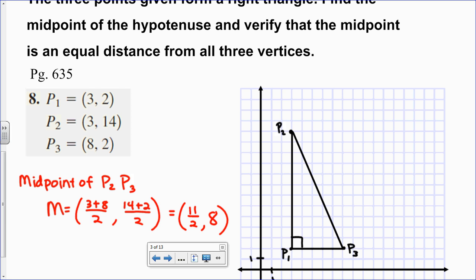So my midpoint is 11 halves, 8, or 11 halves is 5.5. Okay, so I'll mark that. So 1, 2, 3, 4, 5 and a half, and then up 8. 1, 2, 3, 4, 5, 6, 7, 8. Okay, that's it.